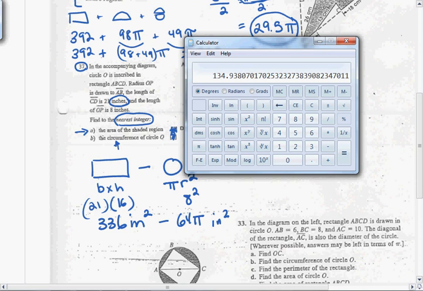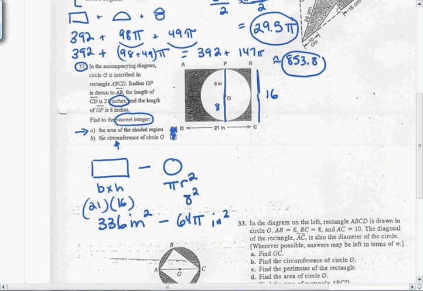And it looks like it's 134.938. I'm supposed to round to the nearest whole integer, so I'm going to have to round up. 134 becomes 135. So my area in part A of the shaded region is 135 inches squared.